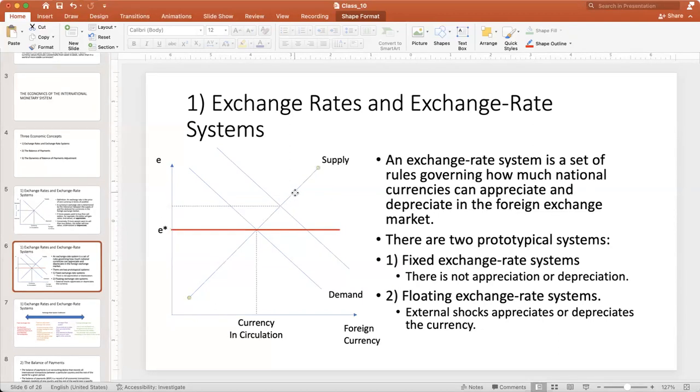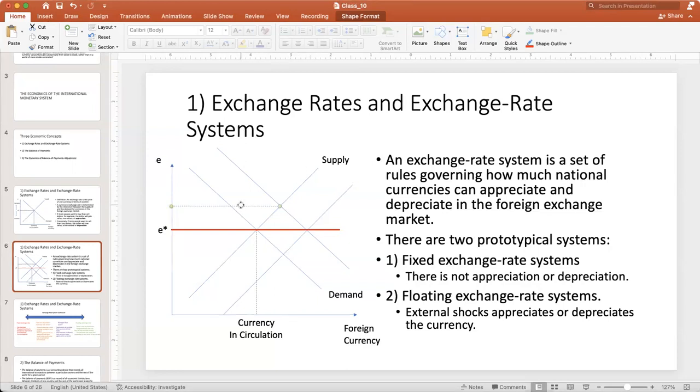So the national monetary institution should expand the supply of dollars in the foreign currency market in order to reduce the price again and return the exchange rate to its fixed level. So this is the fixed exchange rate.